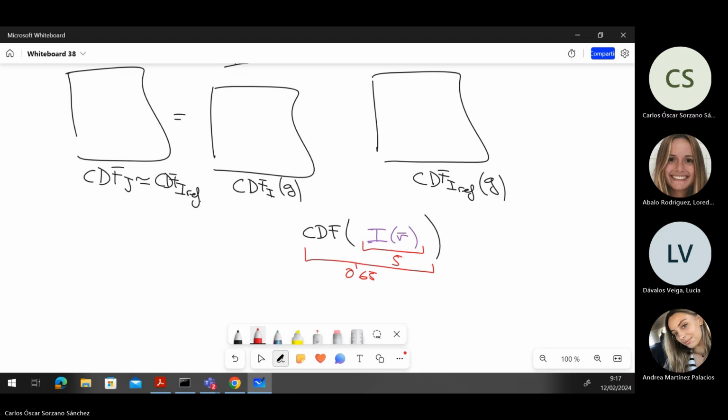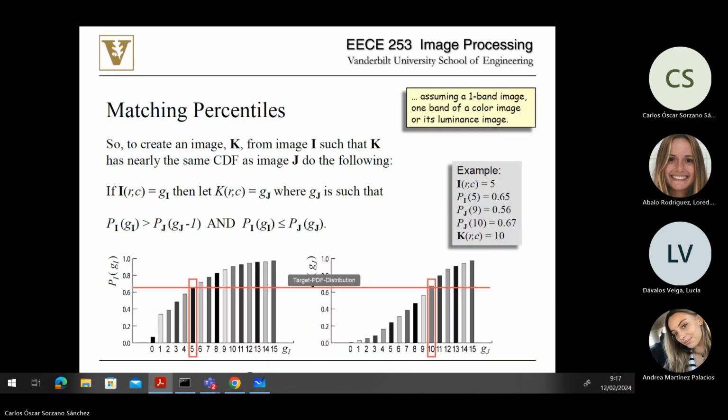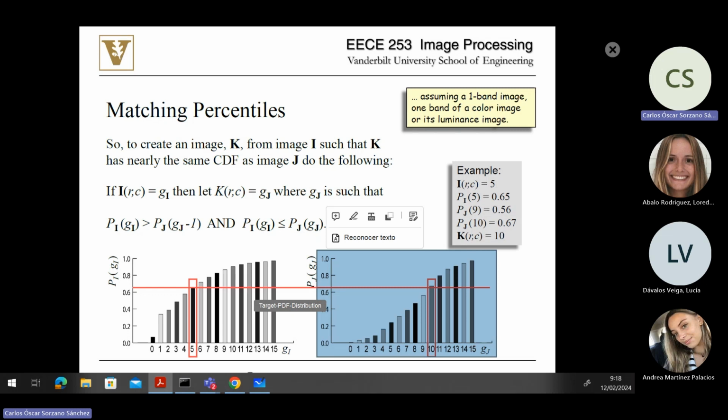And now look at the slide again. We started with 5, went to 0.65. And now I start from the 0.65 here, and I look for the value such that, in J, the probability of being smaller than that value, 10, is always larger than 0.65.